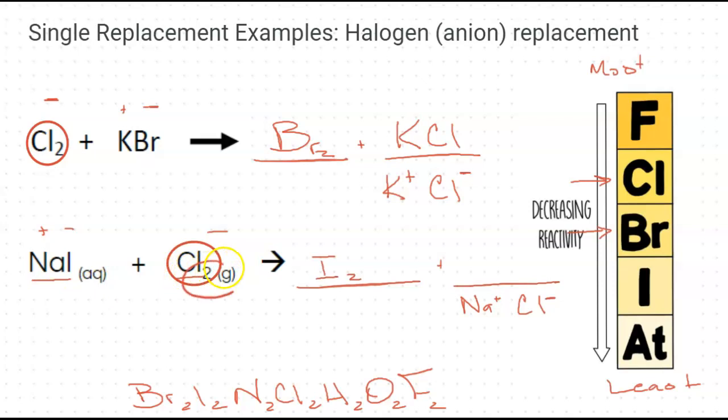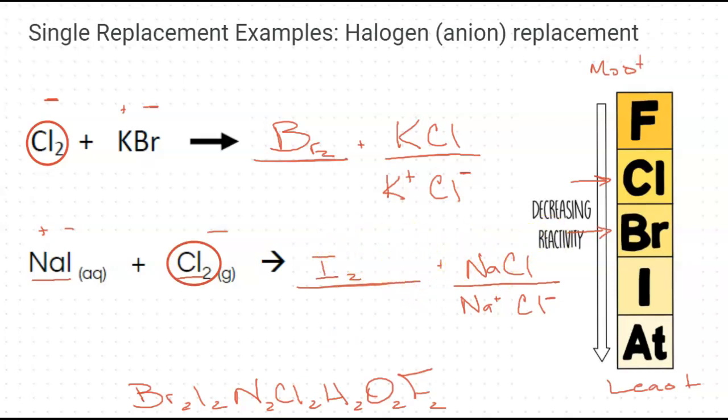Remember, I don't bring this 2 over because it breaks apart. The only time I write Cl2 is when it's by itself, unless I need to crisscross and reduce. So to write my final formula, I crisscross my 1's, and I have NaCl2. Oh dear. NaCl. There is no 2. So you have NaCl as your final product.